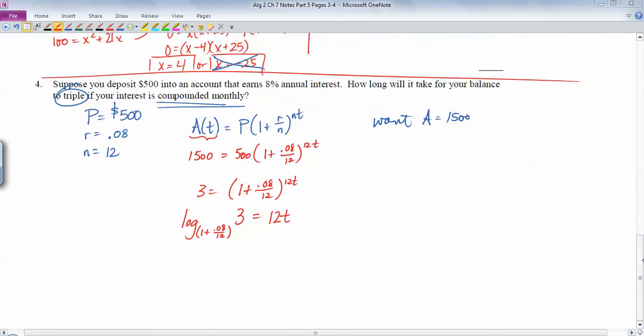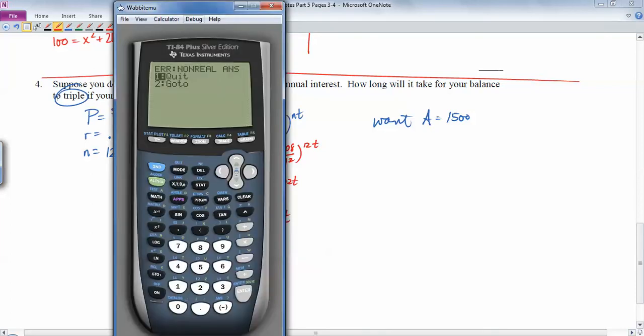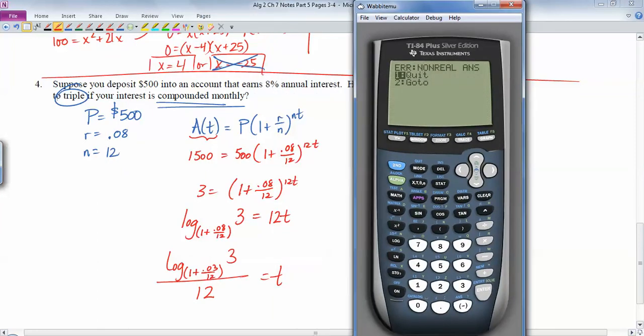Okay. In fact, we could even go one step further and just get t by itself. It's going to be this hideous log term with that ugly base, all divided by 12. So let's punch that into the calculator and see if it can do it.